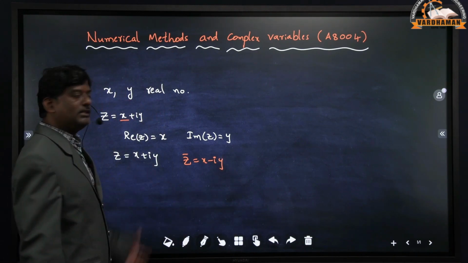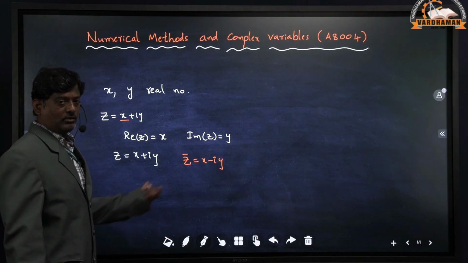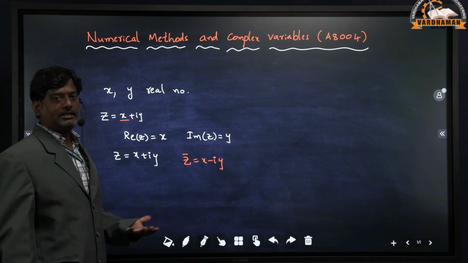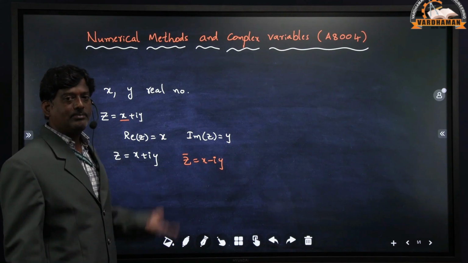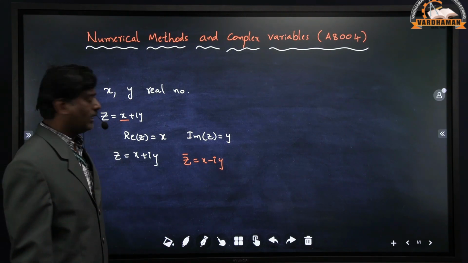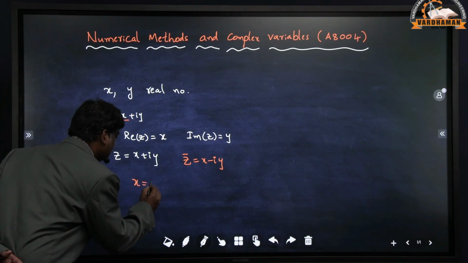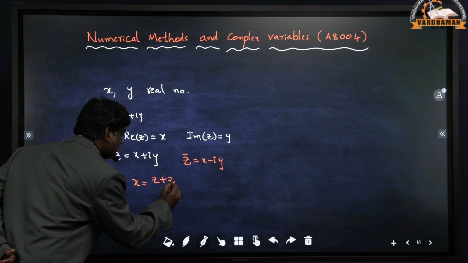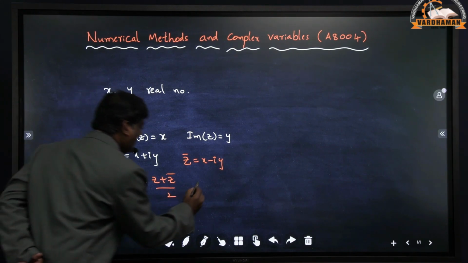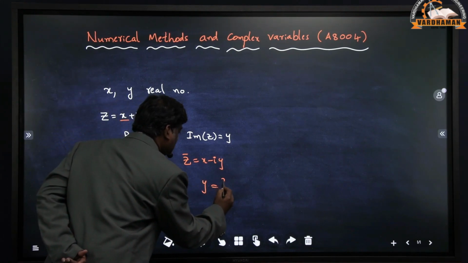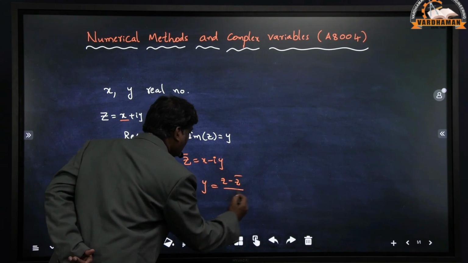By using these two, the complex number and its conjugate, we can write the real part of z, that is x, in terms of z, and you can also write y in terms of z. From this, x is equal to (z plus z bar) by 2 and y is equal to (z minus z bar) by 2i.